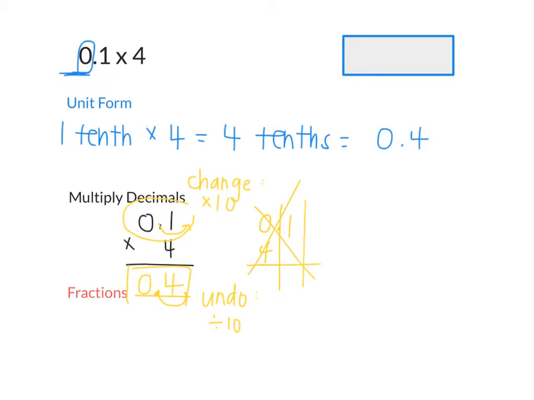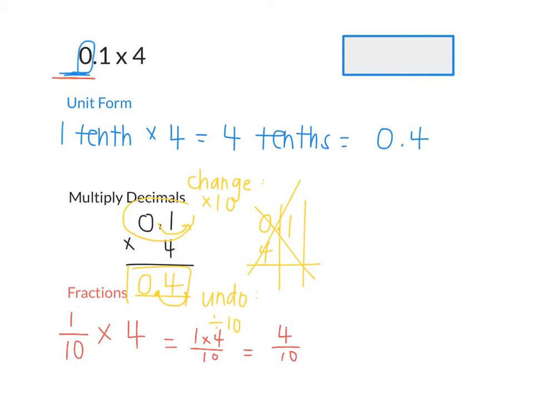Okay, now let's use this in fraction form. How do I write 0.1? How do I say that in words again? 1/10. So that's the same as 1/10, isn't it? Times 4. What's 1/10 times 4? Well, it's 1 times 4 all over 10, which is 4 over 10.